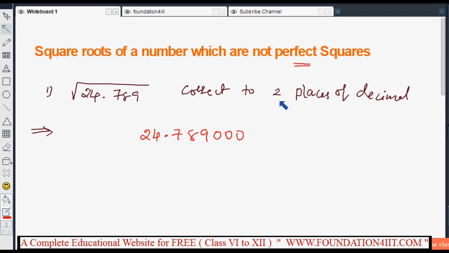But when the question asks for two places of decimal, we take up to three decimal places, that means six digits after the point. The answer will come in three decimal places, and we'll round it off to two decimal places.